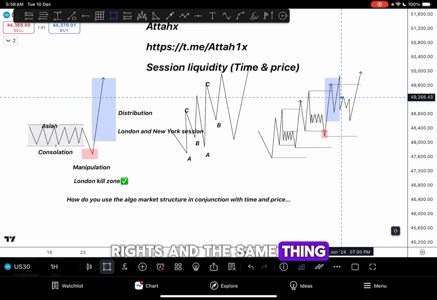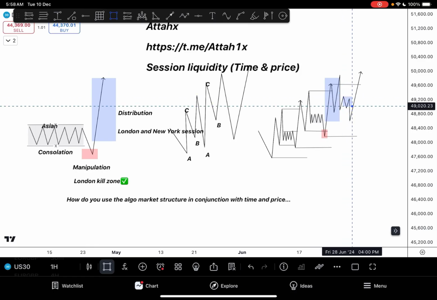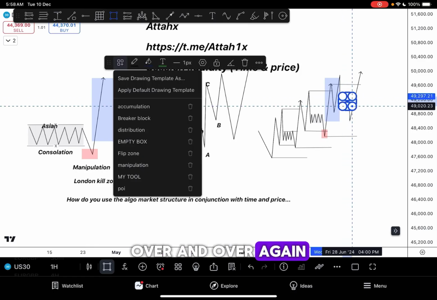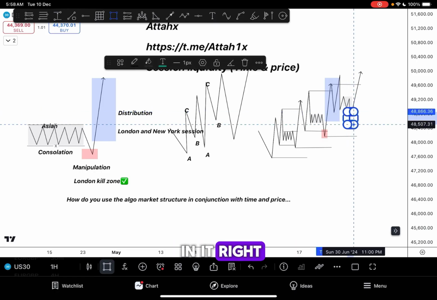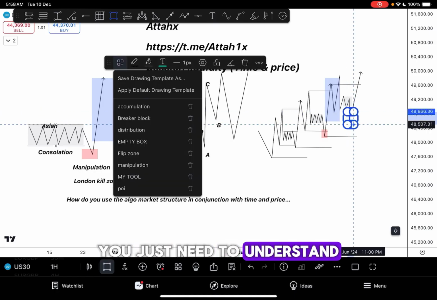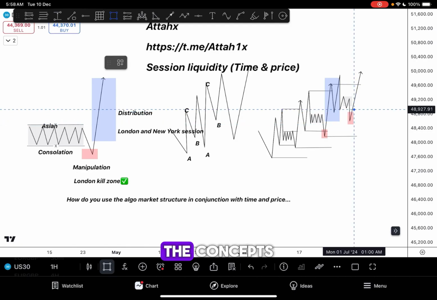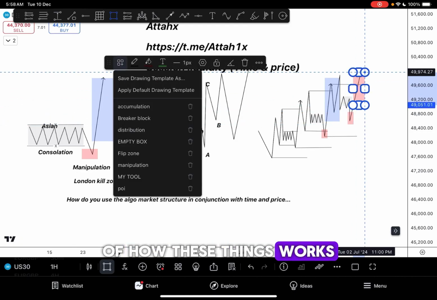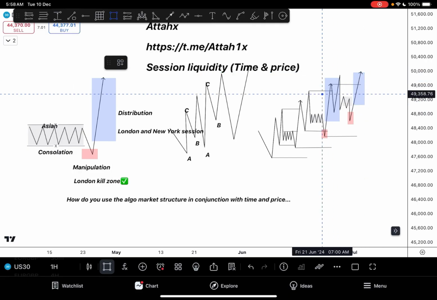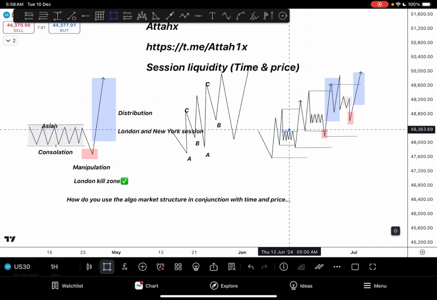And the same thing over and over again. There's nothing much hard in it, right? You just need to understand the concepts of how these things work, and then you're good.